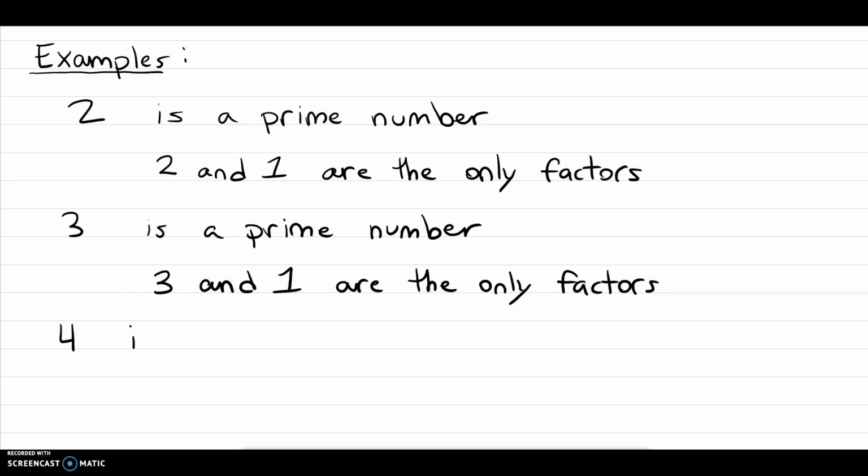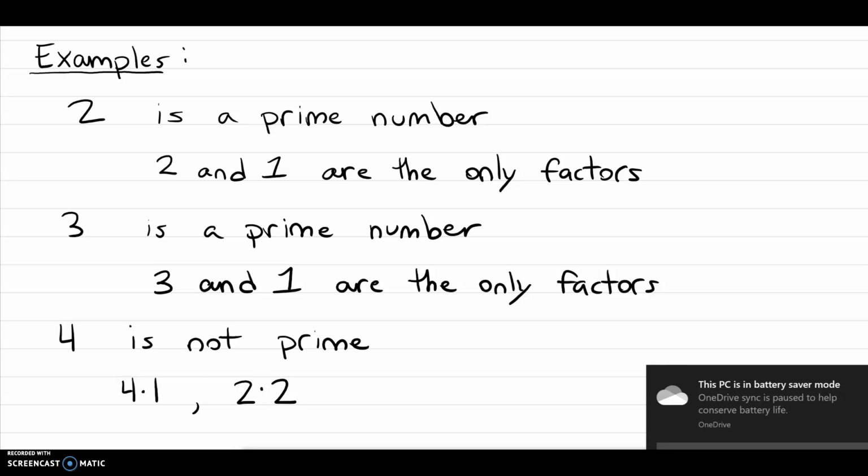Four is not prime. And we're going to use a different word to describe numbers that aren't prime, but the reason 4 isn't prime is, think about it, you could do 4 times 1, or you could also do 2 times 2, right? So this has more than just 1 and the number itself as factors.